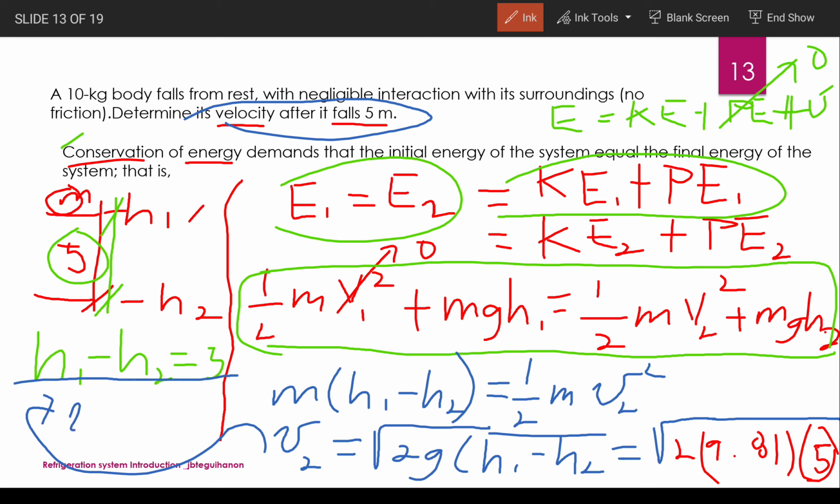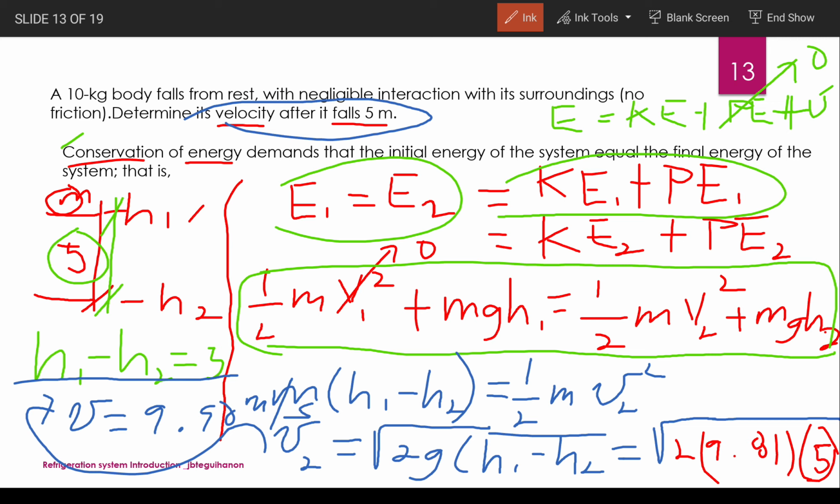Your velocity is equal to 9.9 meters per second. So that's the answer, with that initial condition. Actually in this case, gravity doesn't count, right? Because you are dealing with the same mass.